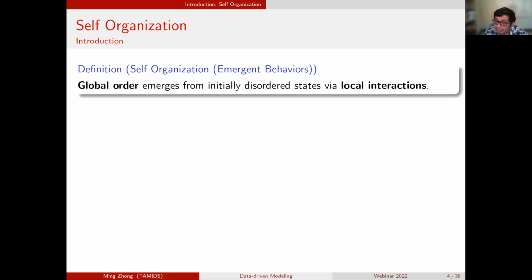And you can achieve this emergent behavior using only local interactions. So three different layers of meaning: initially disordered states, then at the end a global order emerges, and this global order emerges using only local interactions.